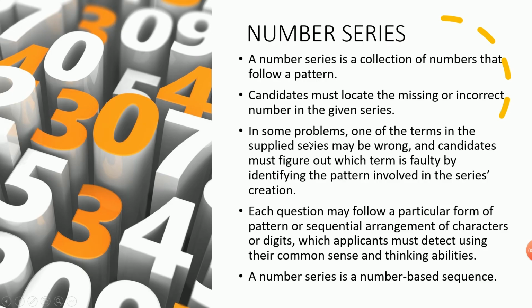Please note that there are some problems where one of the terms supplied in the series may be wrong. Instead of missing numbers, they might give a wrong number. So we have to identify the faulty number by identifying the pattern. Each question may follow a particular pattern or sequential arrangement of characters.